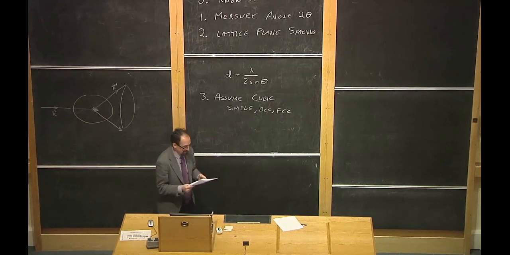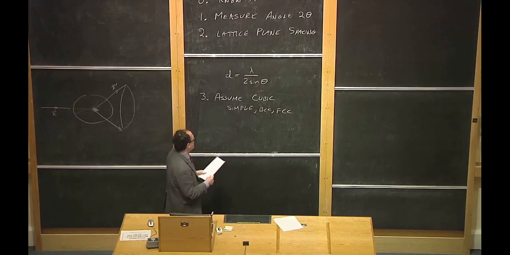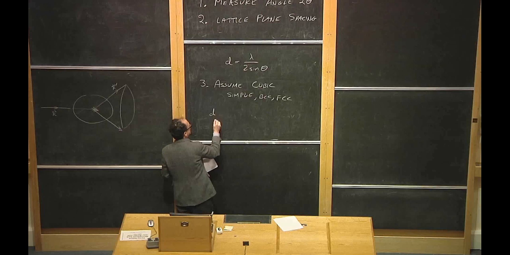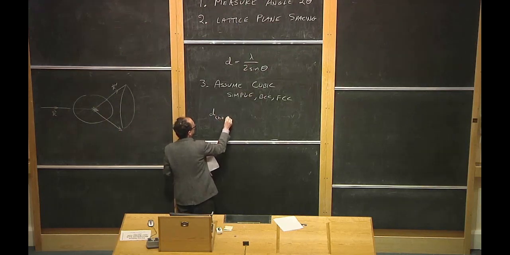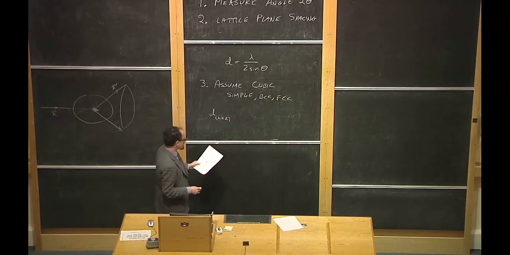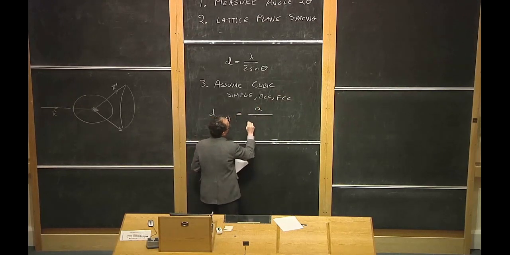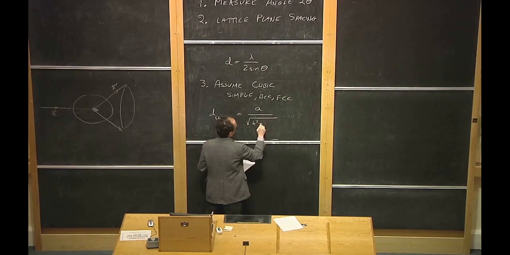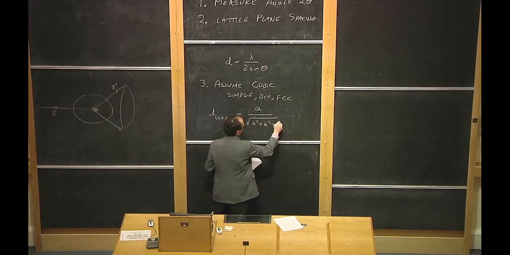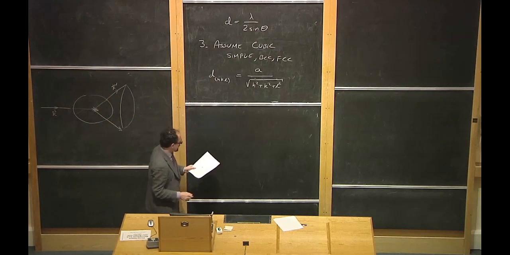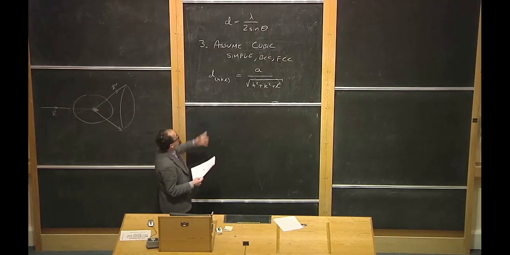All right, assuming cubic, we'll remember that the lattice plane spacing, this is something we derived, corresponding to Miller indices HKL, is the lattice constant a divided by the square root of h squared plus k squared plus l squared. It's something we derived, I think, in the last lecture, or maybe the one before. So what does that give us?